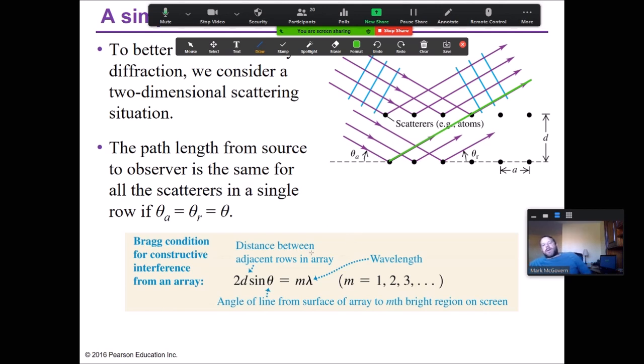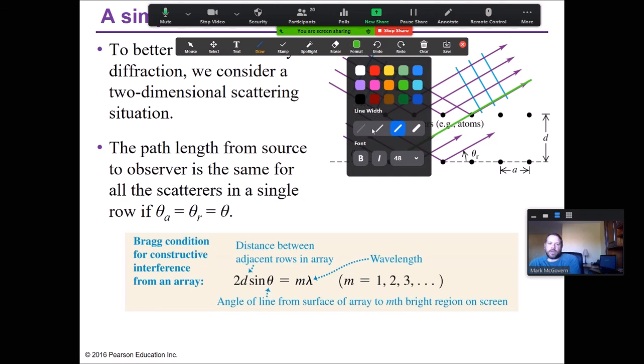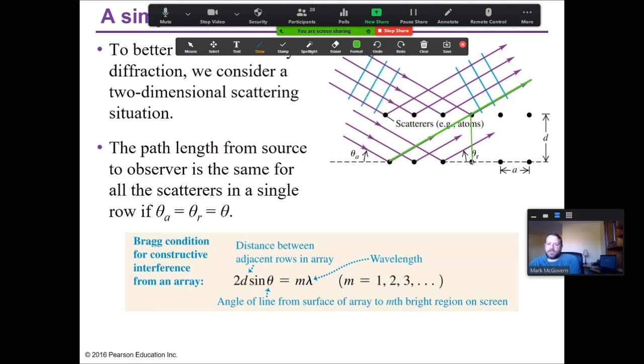That path length difference is given by d sine theta. It's basically the hypotenuse of this triangle here. If I draw the triangle out here, it looks like this, and the angle at which that comes off is the reflected angle. Those are all the same, right?